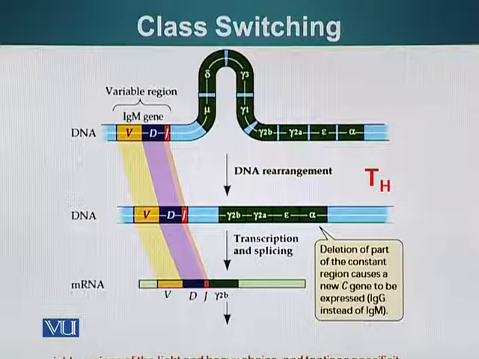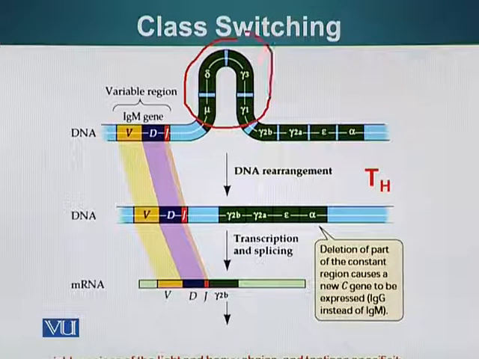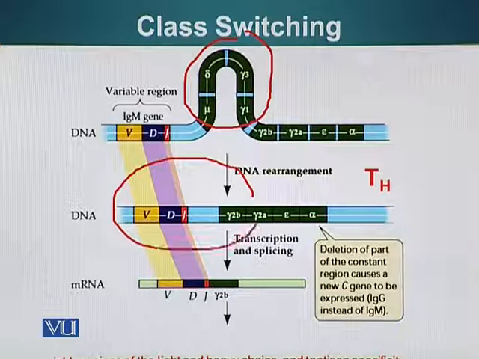Here I would like to mention that once a B cell switches class, it can no longer go back to making IgM or IgD molecules, because this portion of DNA will now be deleted from the genome. So now this particular B cell is going to make an IgG antibody when this region is transcribed and subsequently translated. Here you can see the rearrangement of these gene segments at the DNA level, and once they are transcribed, they will form a messenger RNA.